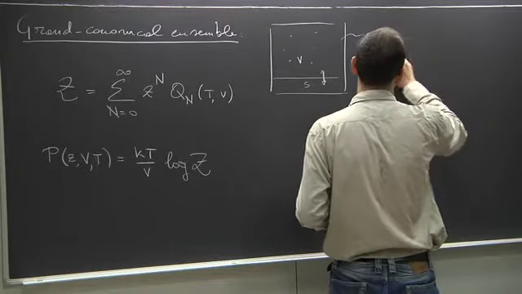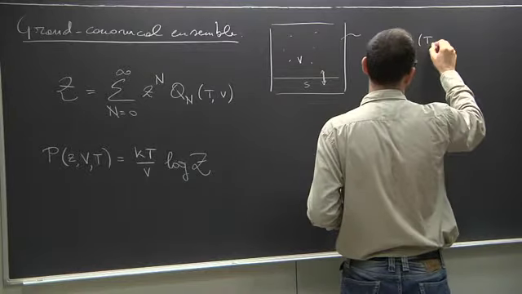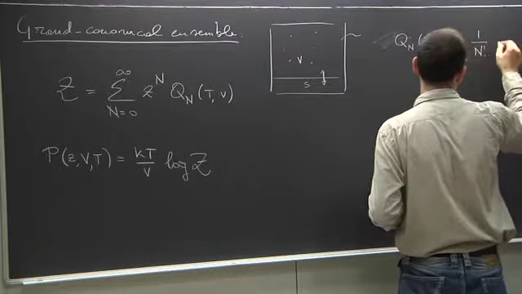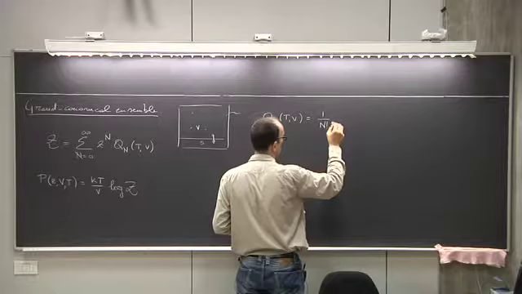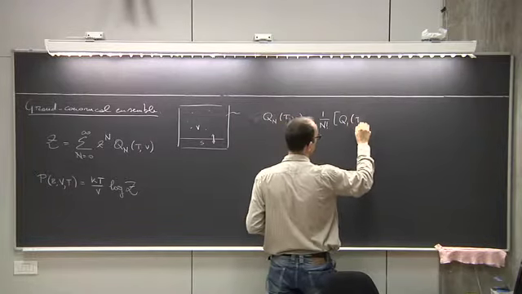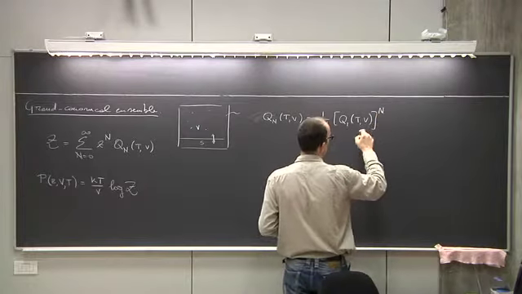We have seen that the canonical partition function is 1 over n factorial times the partition function for one particle to the power n.